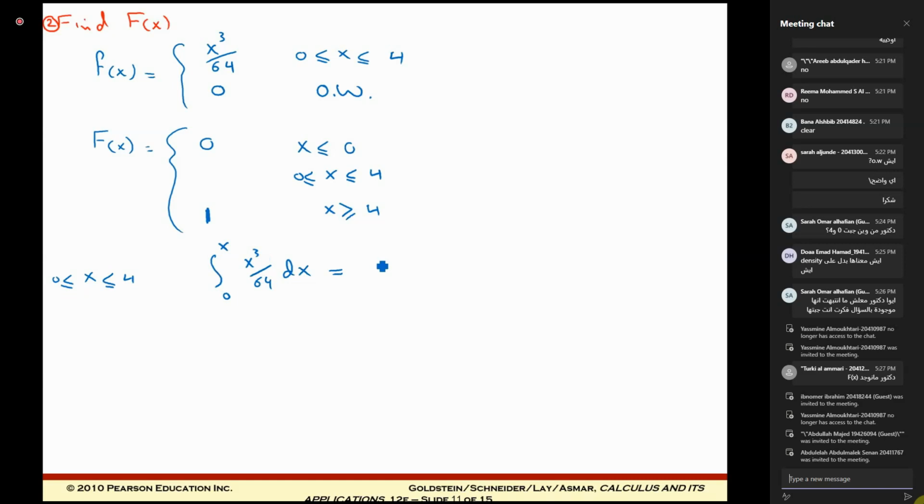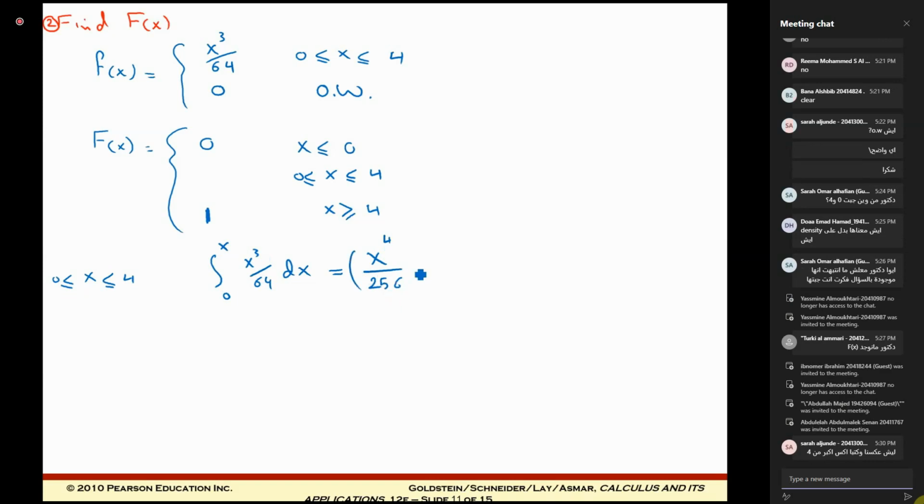This is equal what? The same integral, x to the power 4 over 256. Now substitute x and 0. Substitute x, we have x to the power 4 over 256 minus substitute 0, 0. So we have x to the power 4 over 256. This is the value of f capital between 0 and 4. Okay.